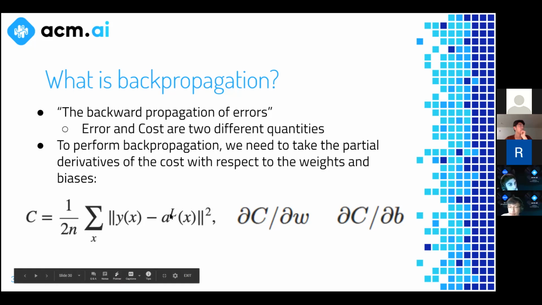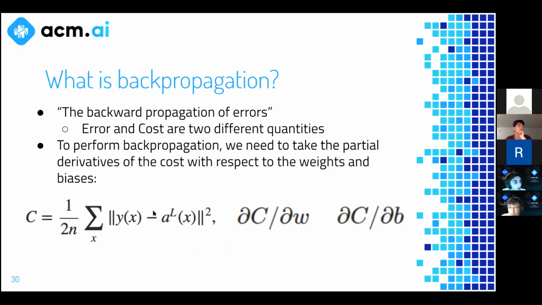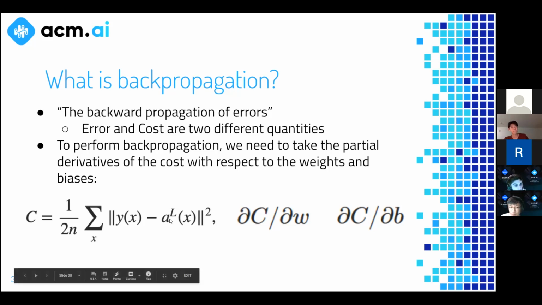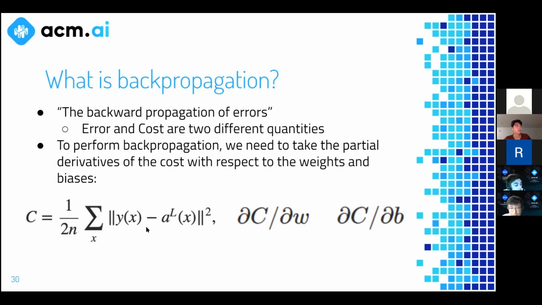Now, once we have this vector, we compute a single value, and that value is called the cost. It's gotten by taking the difference between the label, what the output should be, and what the output is. Then we do this squaring operation, add all of them up, and average them, and that's mean squared error.